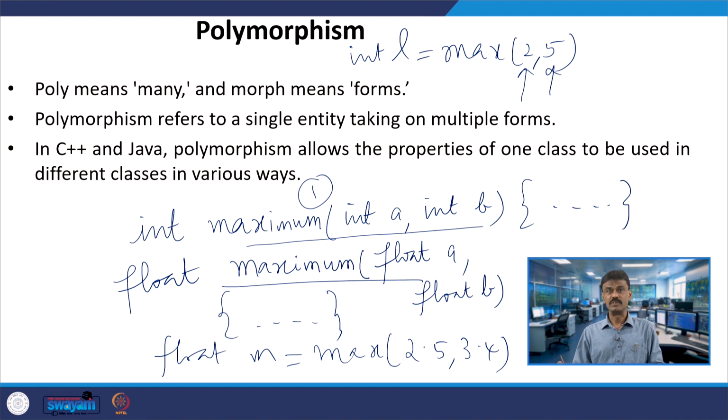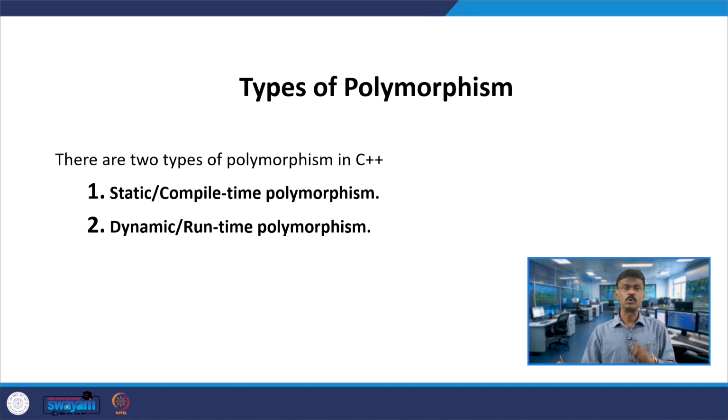But the question is, which member function will be called? Now there are two cases. One is the procedural oriented language way, and another is the object oriented way, C++ or Java.